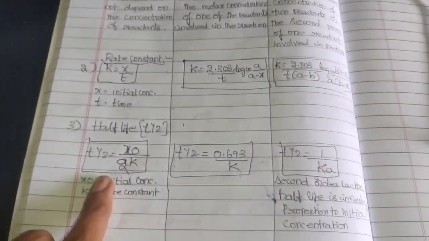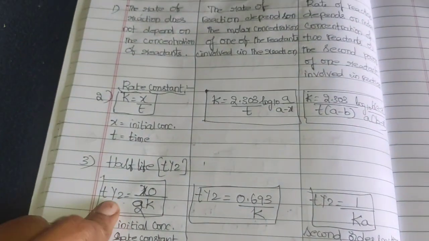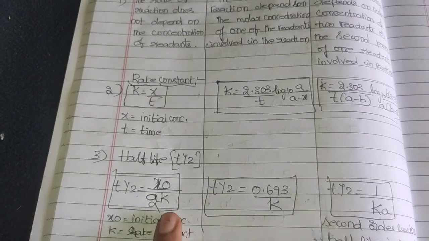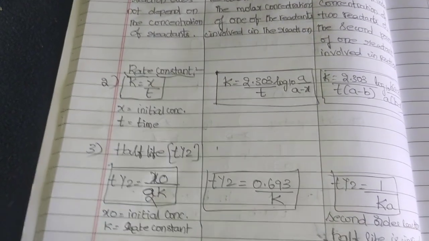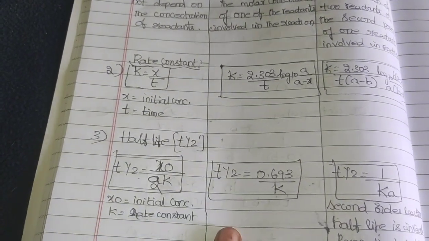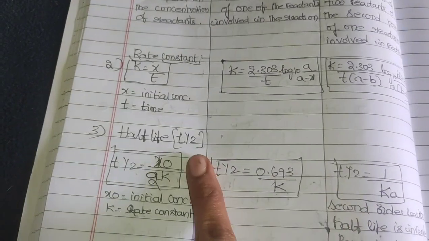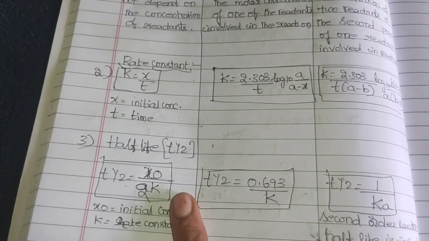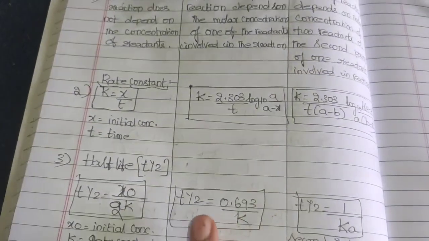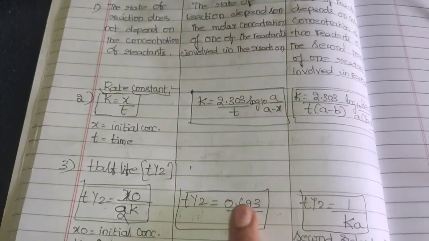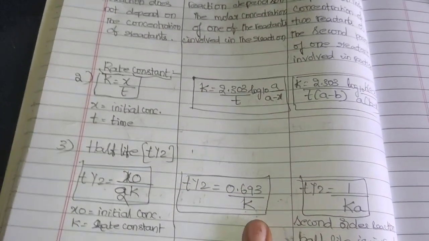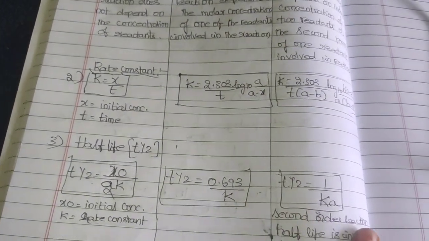Then what is half-life? Half-life of zero order reaction is x0 by 2k, where x0 is the initial concentration and k is the rate constant. So half-life depends on both the initial concentration and the rate constant. Then half-life period of first order reaction is 0.693 by k. It depends on the k.